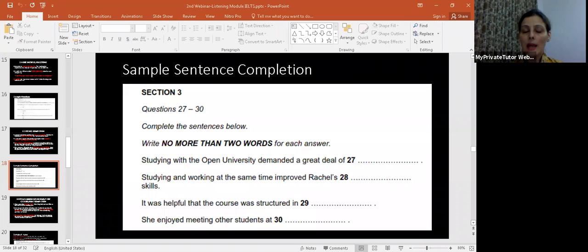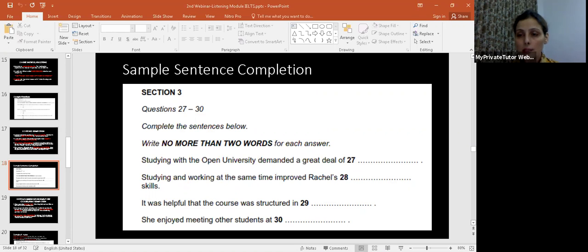Just have a look at the sample sentence completion. The instructions are no more than two words for each answer. The study with the Open University demanded a great deal of, dash, whatever is in the recording. Maybe the word is competition, you can say that. If that word is used over there, then you're going to match it.